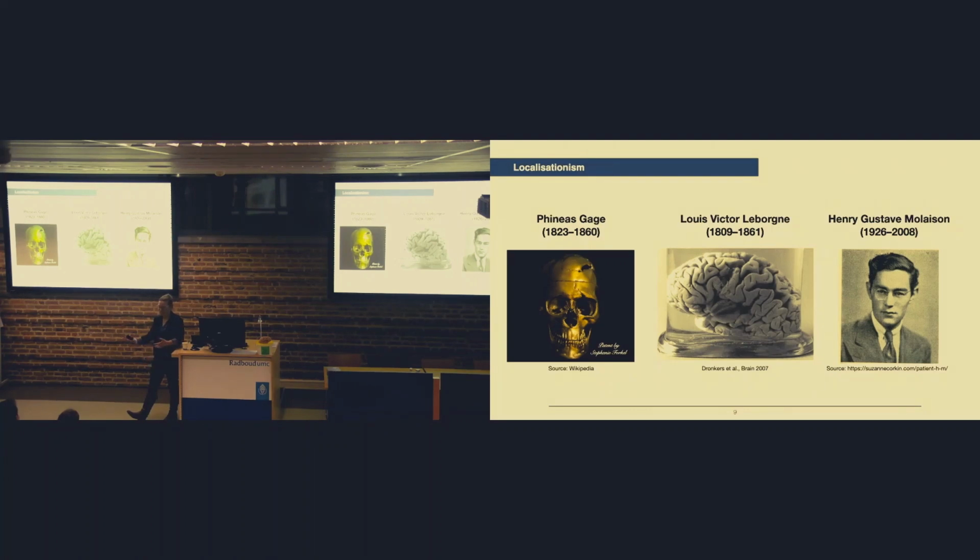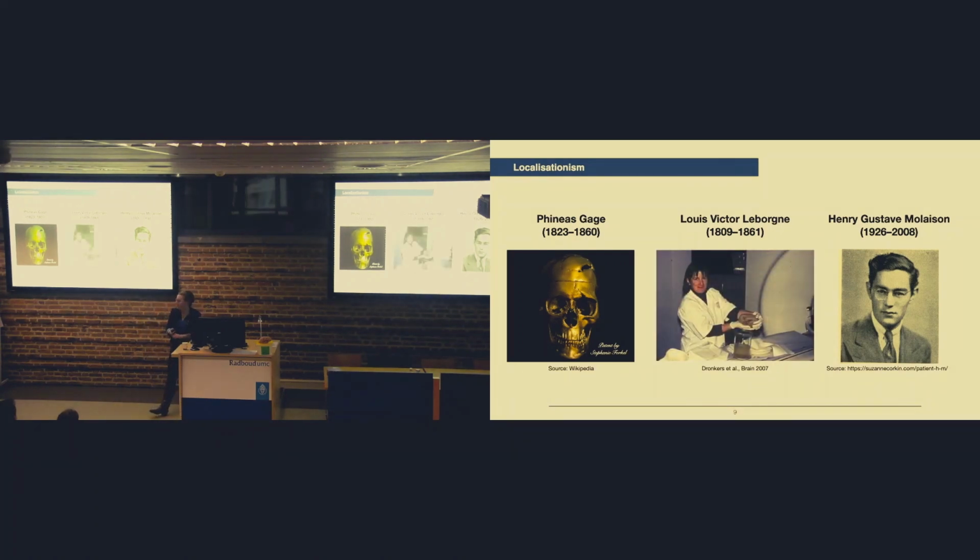Better language, worse language, different language? Worse, correct. So with a stroke in the inferior frontal gyrus, this patient developed a language impairment to the point where he could only utter one syllable, which was "ta," but his language comprehension was intact, just the articulation was impaired.